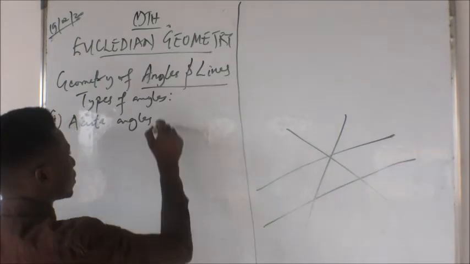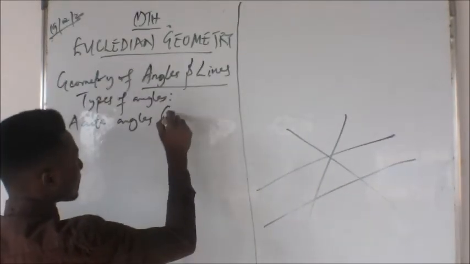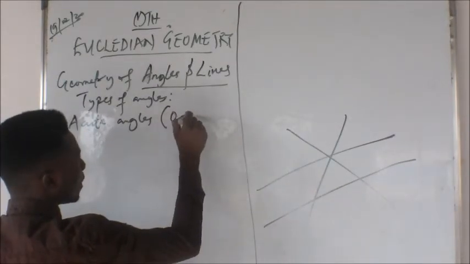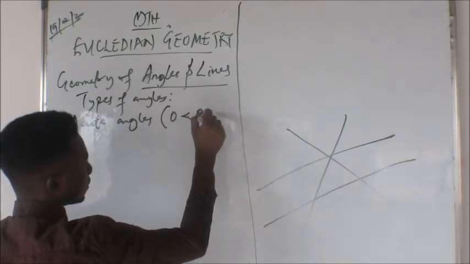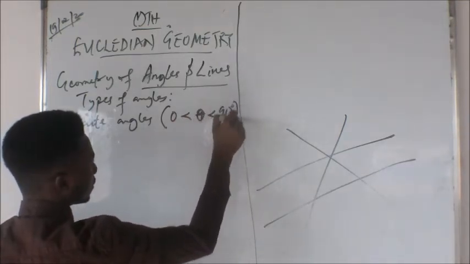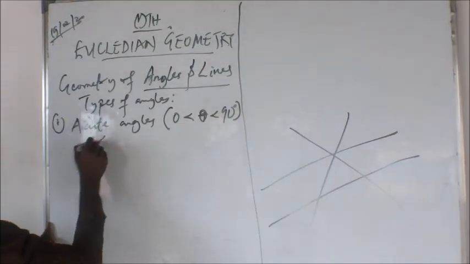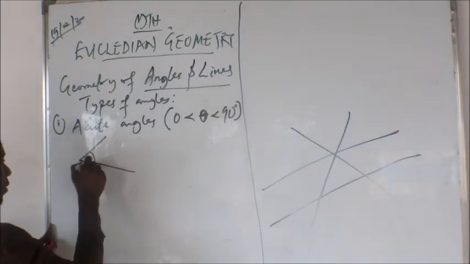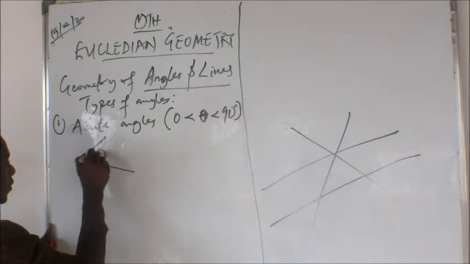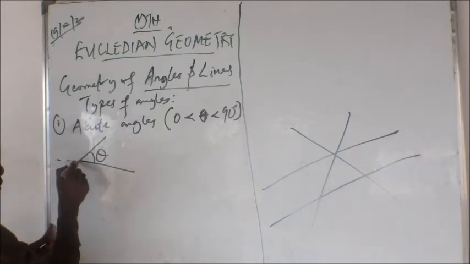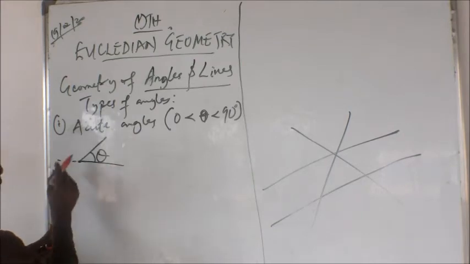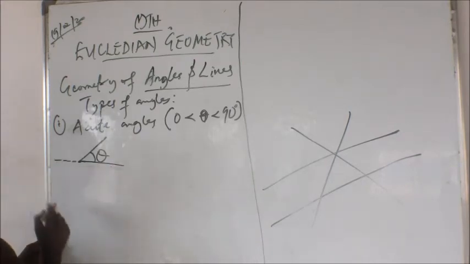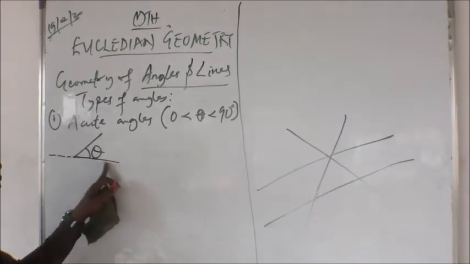These are angles less than 90 degrees, such as this. Okay?